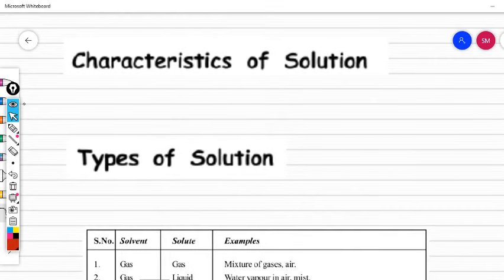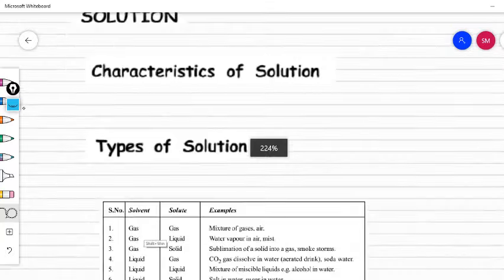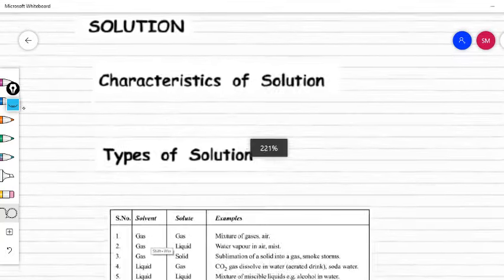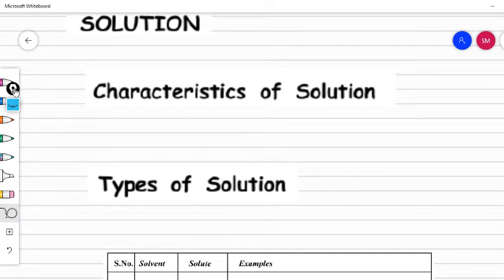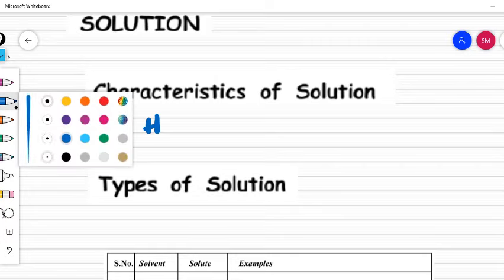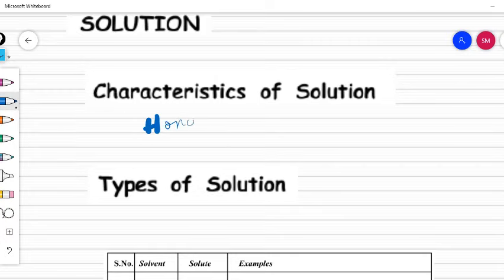A homogeneous mixture made up of more than one component. Okay, more than one component. It means two or more.